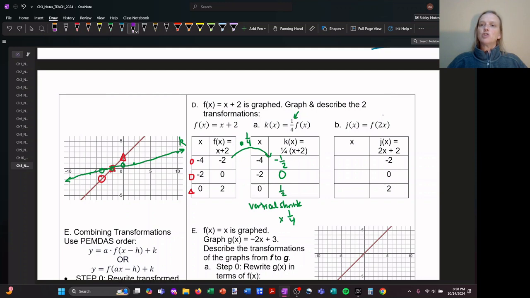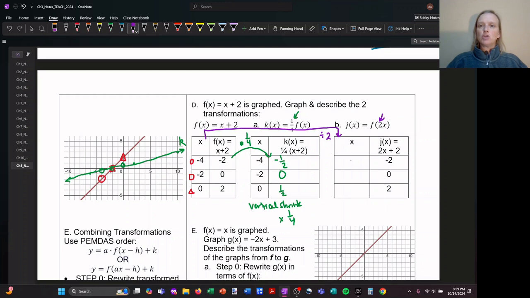Let's look at function j here. We're multiplying by 2, but we're multiplying inside parentheses. So changes inside parentheses mean change in the horizontal direction. And changes in the horizontal direction are always the opposite of what you think they are. So instead of multiplying by 2, we're actually going to need to divide by 2, or multiply by 1/2, however you prefer to think of that.